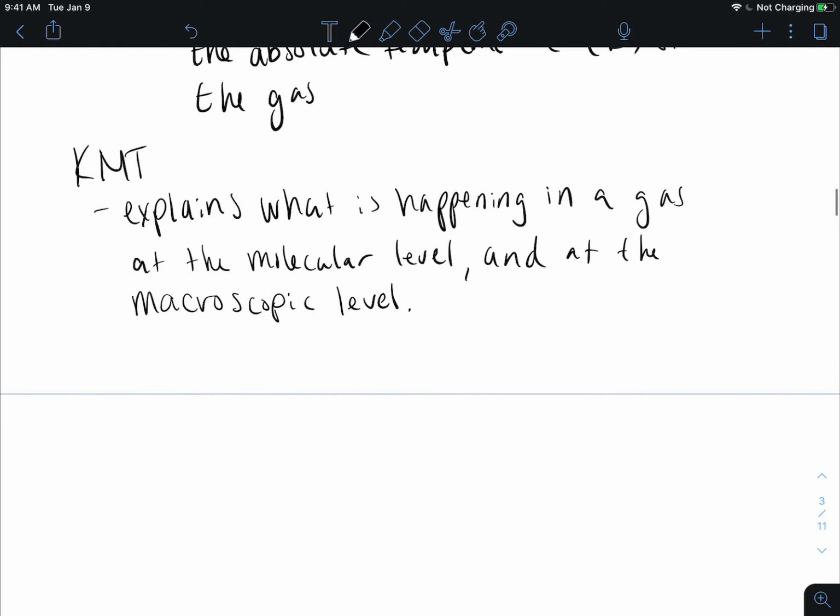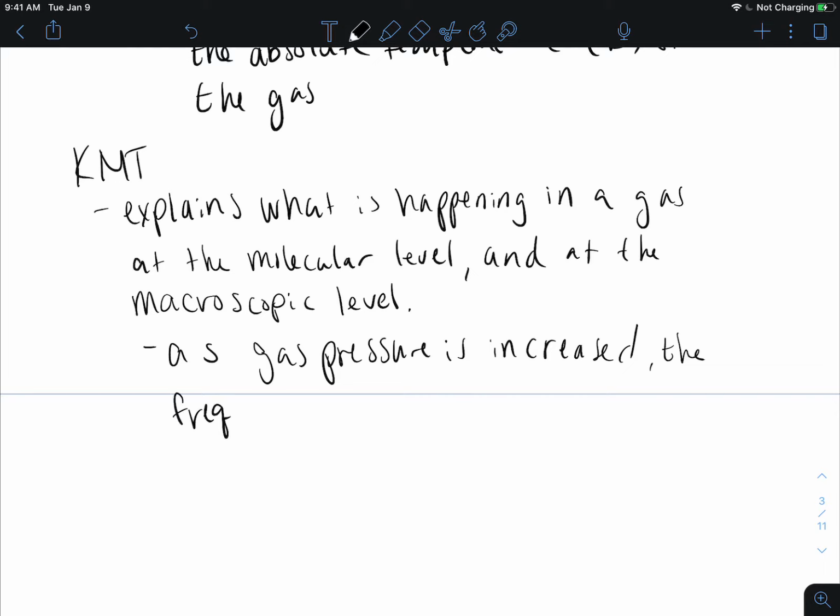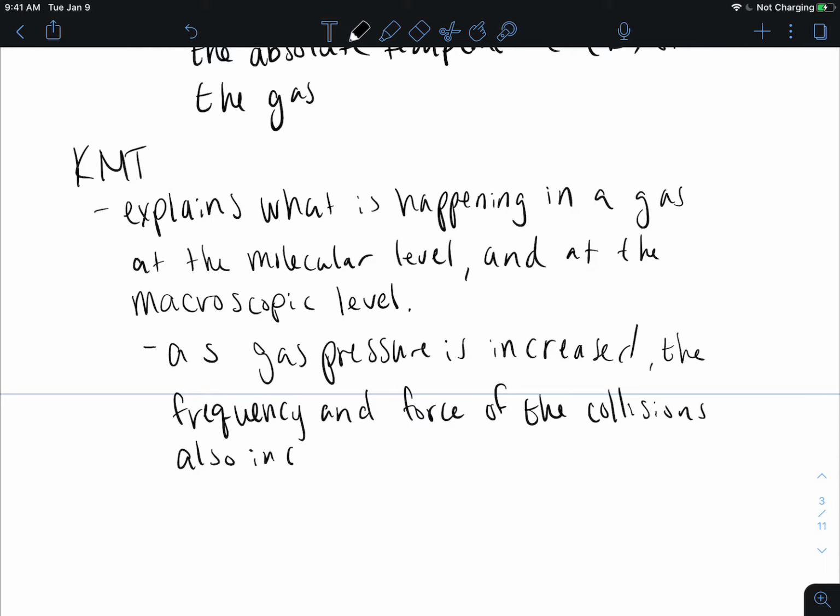So, as gas pressure is increased, the frequency and force of the collisions also increases. And we generally do this by increasing the temperature of the gas.